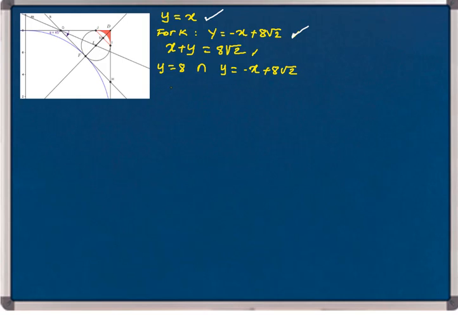All we have to do is equate them, so we get minus x plus 8 square root of 2 equals 8. We solve for that and we get x equals 8 square root of 2 minus 8. Otherwise it is also equal to 8 times the quantity square root of 2 minus 1, and at that point y is equal to 8. So we have point G.